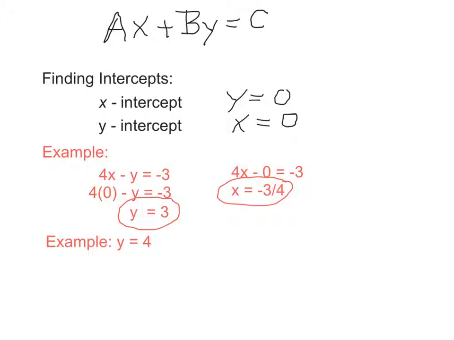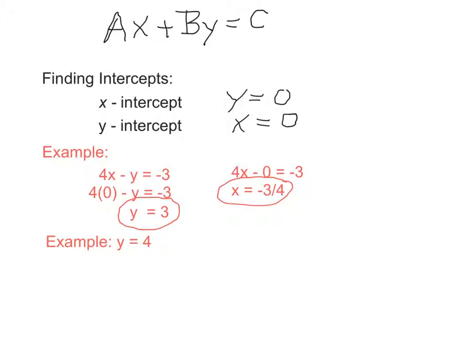Now, how would I graph the equation y equals 4? Notice there's no x in this equation, there's only y equals 4. So what does that tell us about x? There are basically no restrictions on x because it's not even in the equation. So x could be any value, but regardless of what value we pick, y is always going to be equal to 4.